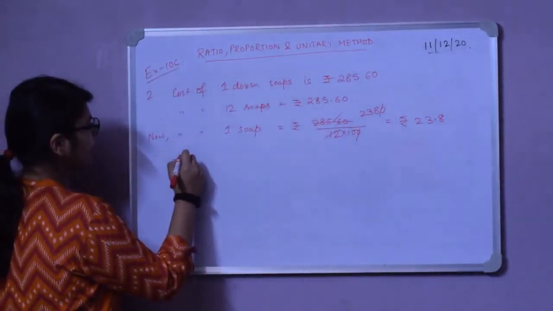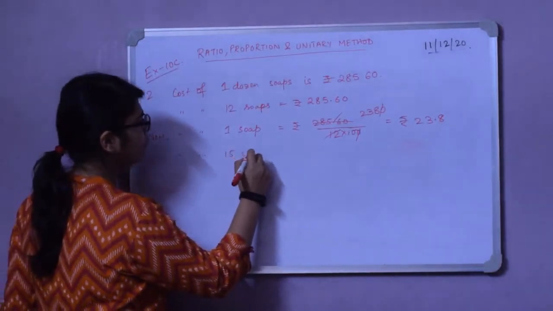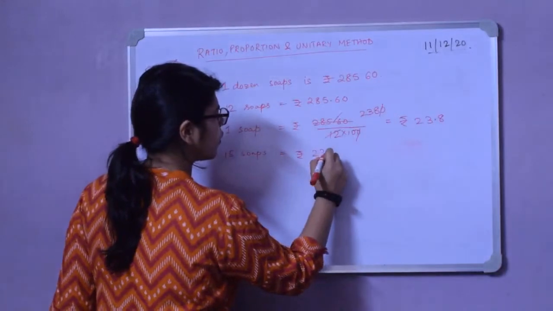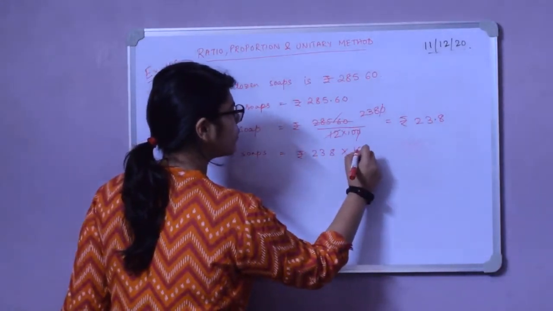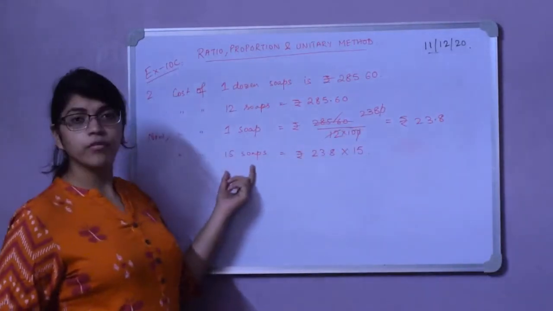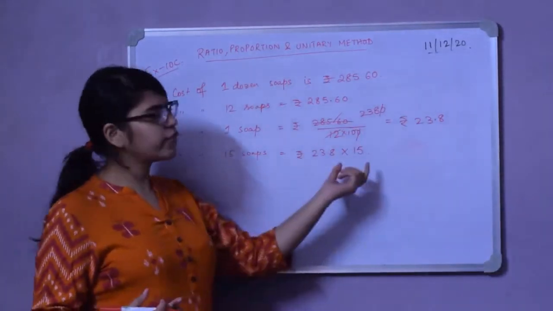So therefore, the cost of 15 soaps is how much? This much: 23.8 multiplied by 15, because we know the cost of 1 and we want to know the cost of more. So for more we have to multiply.